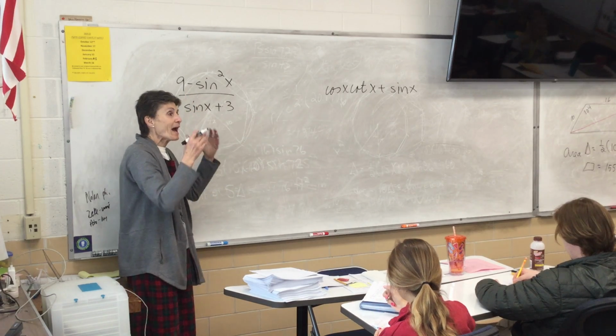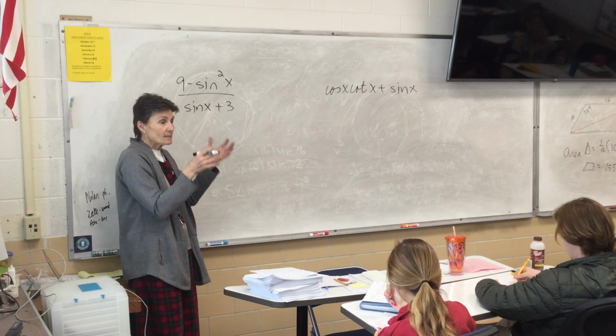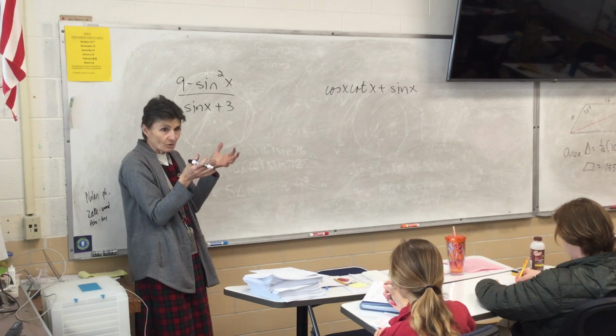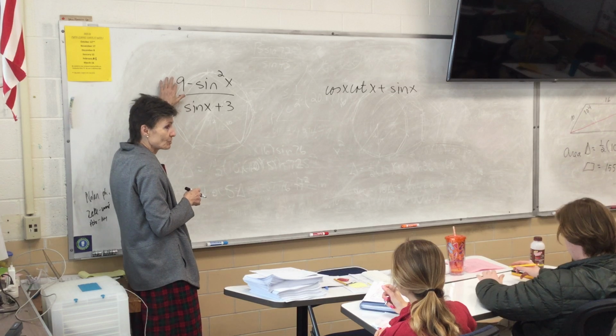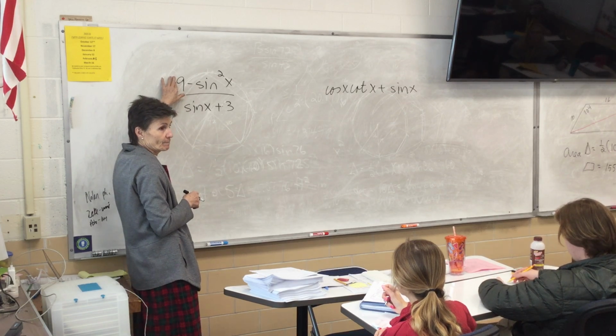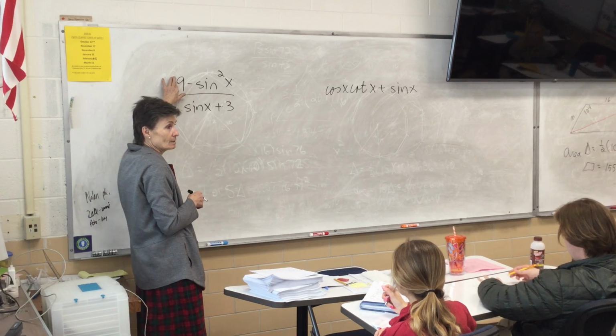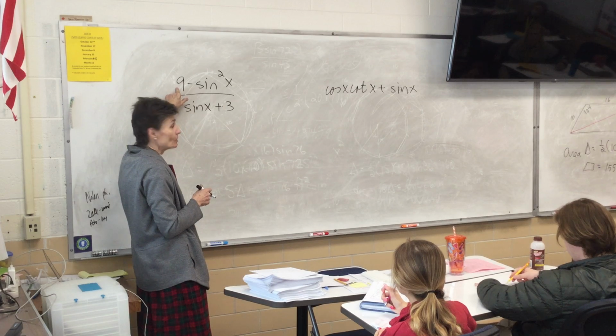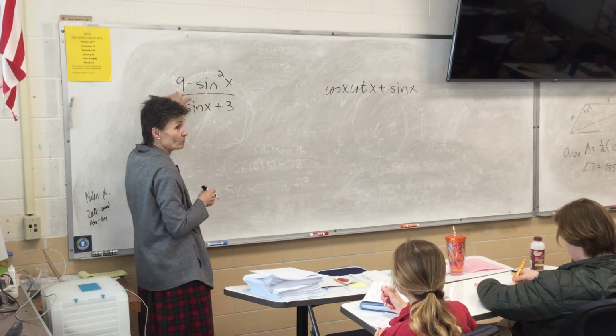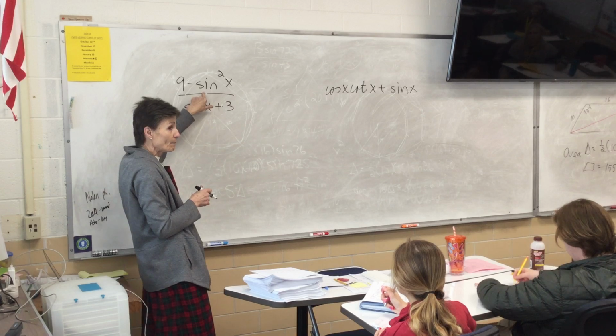Is there any factoring that can happen? Because usually when I factor, I can end up canceling. So does anybody see any factoring in the numerator? No, you can't take a sine out because you don't have a sine here. You have to take something out of both of these, and there's nothing you can take out of both.